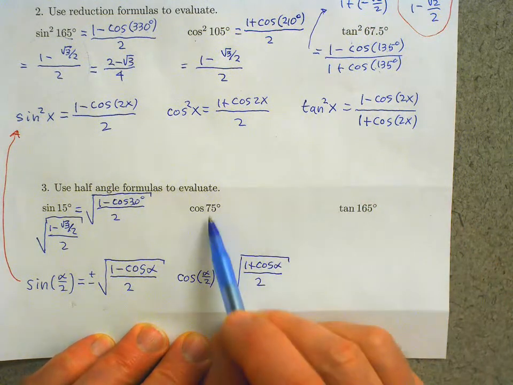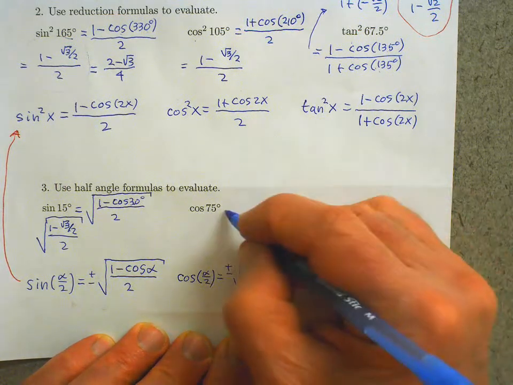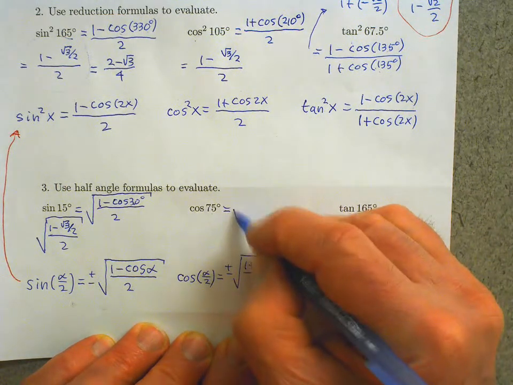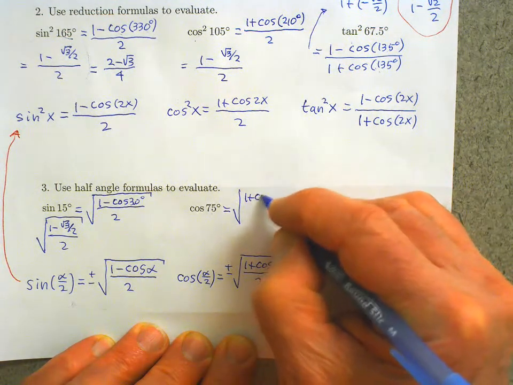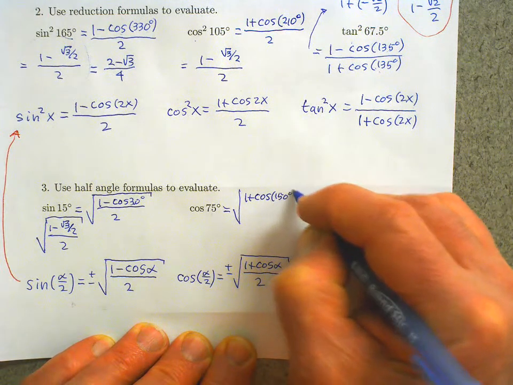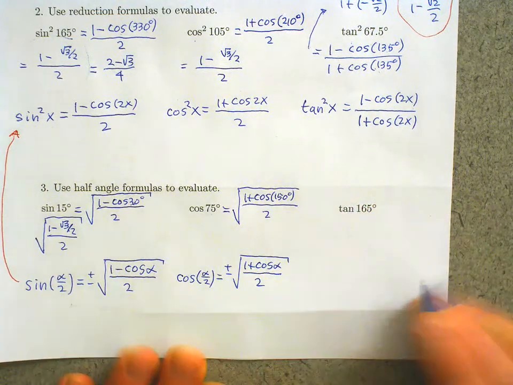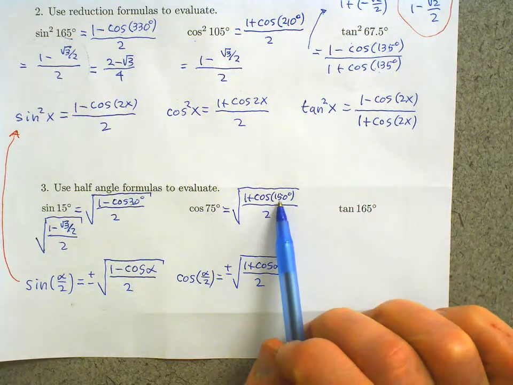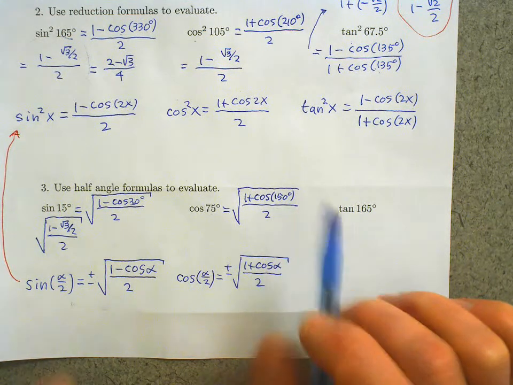So the alpha over 2 is 75, so alpha will be 150. So this will be the positive square root of 1 plus cosine of 150 degrees over 2. Cosine of 150 degrees is negative square root of 3 over 2.